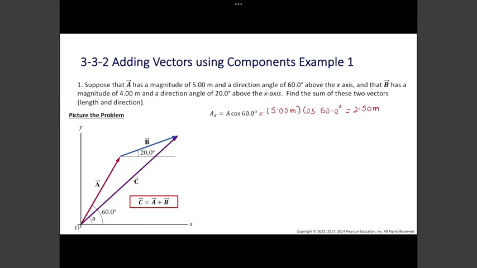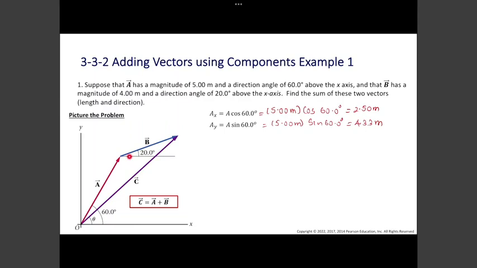Now what is the y component of A? It is A sin theta, and theta is 60 degrees here. A is 5 meters times sin 60, and the answer is 4.33 meters. Now we need to find the x and y components of vector B as well.